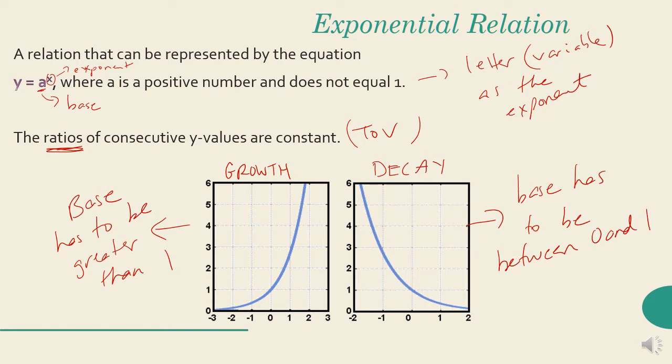So between 0 and 1, which basically means you're going to end up with either a fraction or a decimal, like 0.5 or 1/3, anything like that. So growth increases as you go left to right, decay decreases as you go left to right. For growth, the base has to be bigger than 1. For decay, the base has to be between 0 and 1, so not a whole number, just a fraction or a decimal.